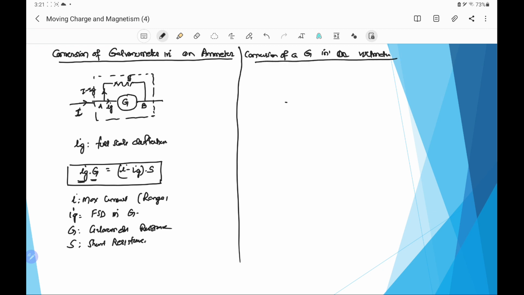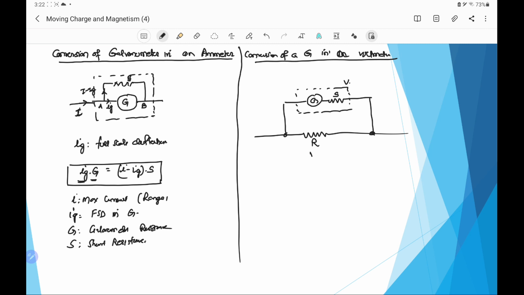For this purpose, a high resistance is connected in series with the galvanometer, say this is S, and this combination is called the voltmeter. And this voltmeter is connected in parallel across the terminals for which we have to find the potential difference. This is the resistance R across which this voltmeter reads the voltage.